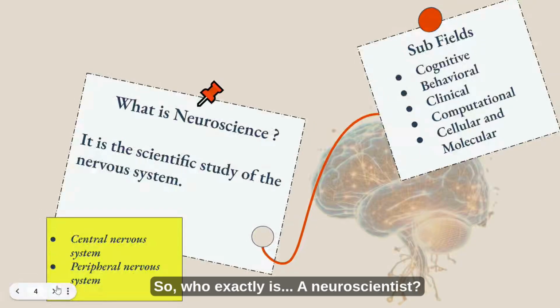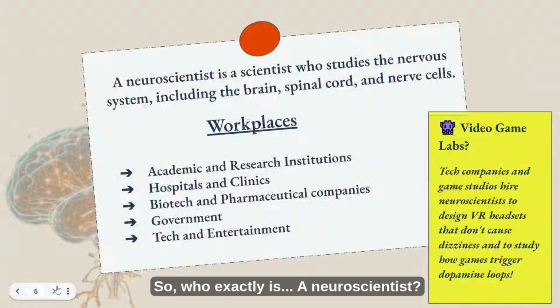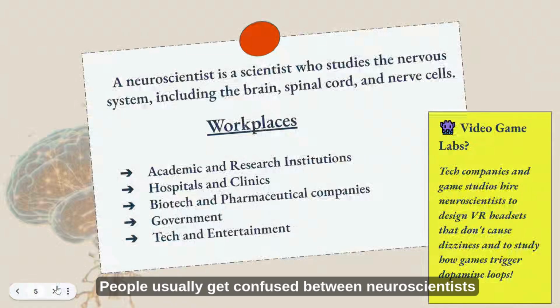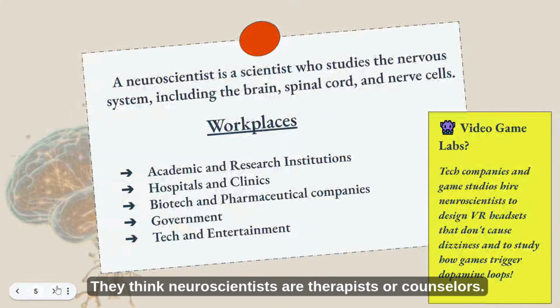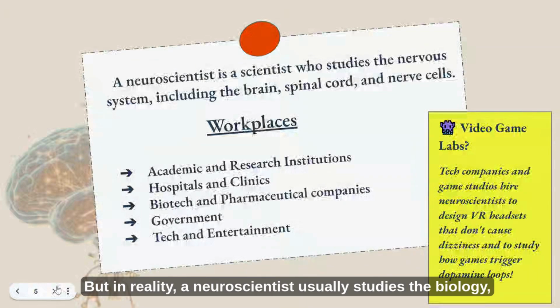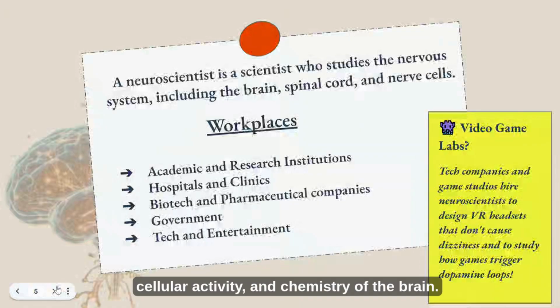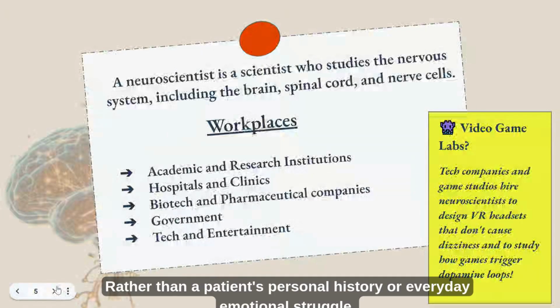So, who exactly is a neuroscientist? Where do they work? What do they do? People usually get confused between neuroscientists and psychologists. They think neuroscientists are therapists or counselors, but in reality, a neuroscientist usually studies the biology, cellular activity, and chemistry of the brain rather than a patient's personal history or everyday emotional struggle.